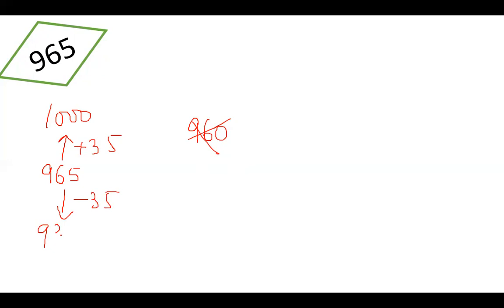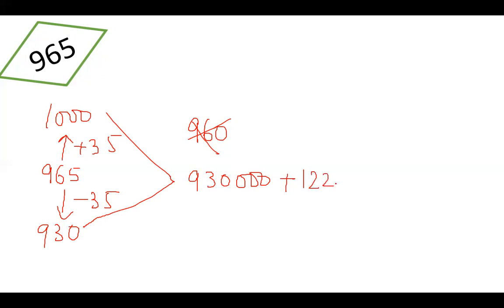So what I will get is 930, and you know that multiplying 930 with 1000 is not a difficult job. So what I will get is 930, then add 3 more zeros. So now what you have added and subtracted is 35. 35 square is 1225. You will add this number, and in the end you will get 931225. That is the required square of 965. So this is all about this trick.